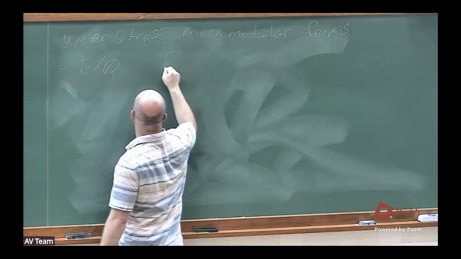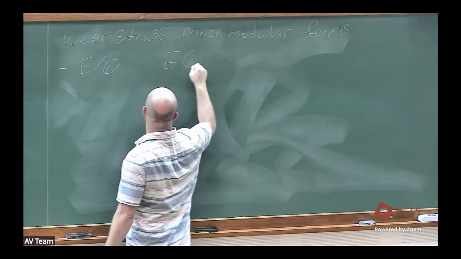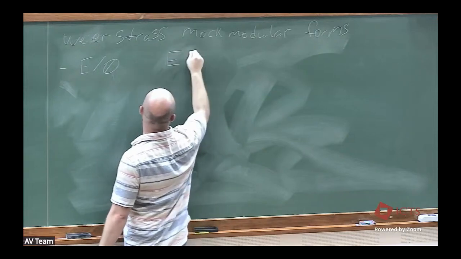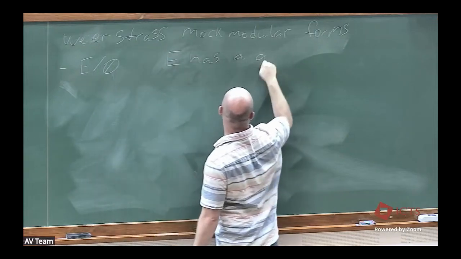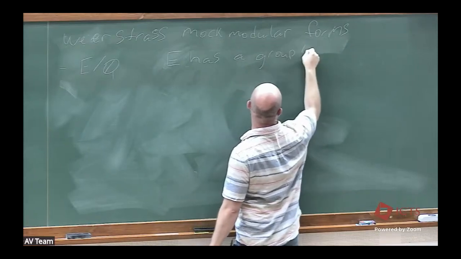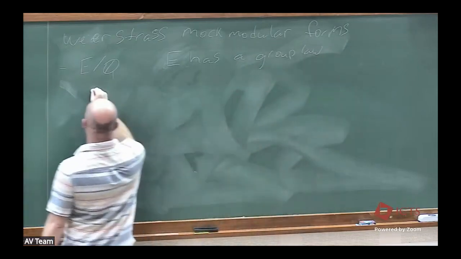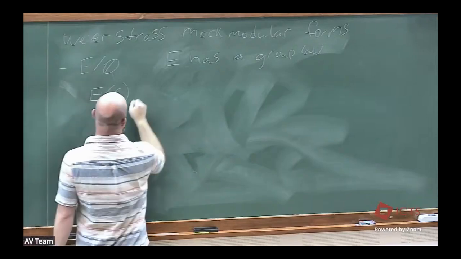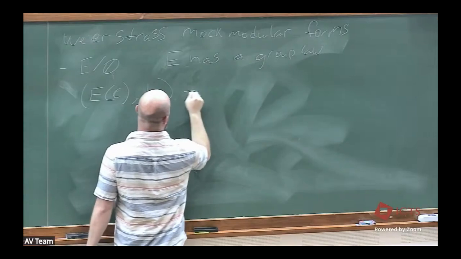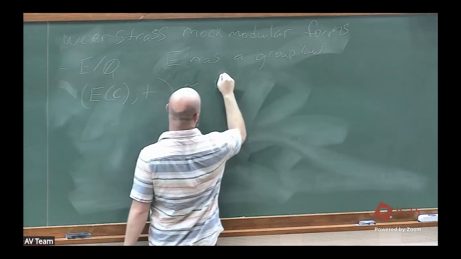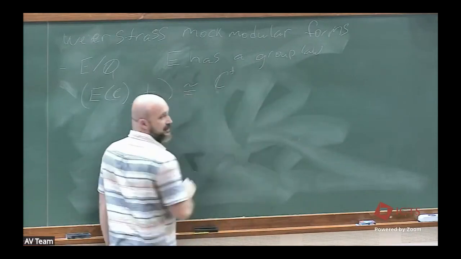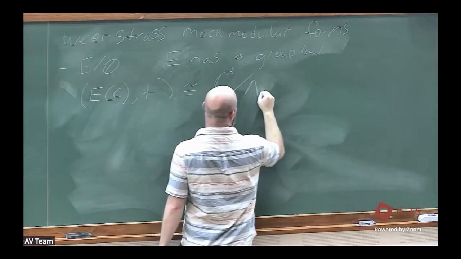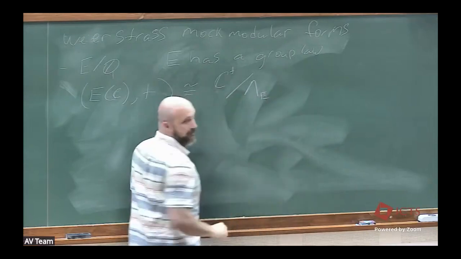And we know that if I take my elliptic curve, it has a group law. If I look at the points over the complex numbers, along with this group law, I know that this is isomorphic to the complex plane, the additive group of our complex numbers, modulo some lattice connected to our elliptic curve.